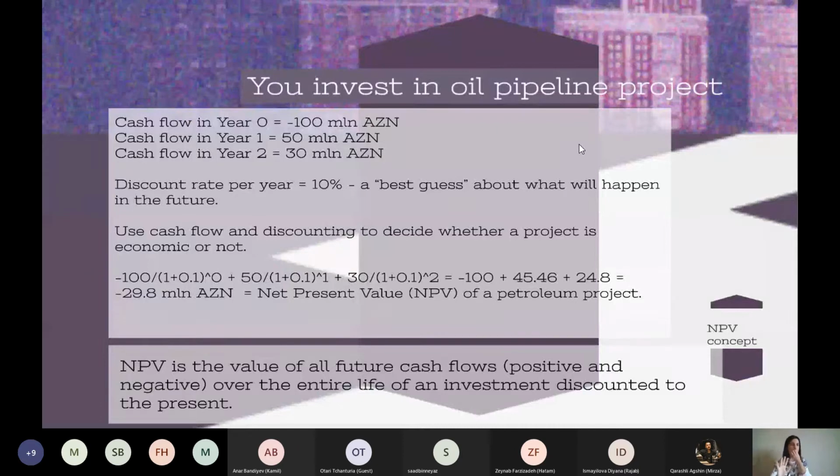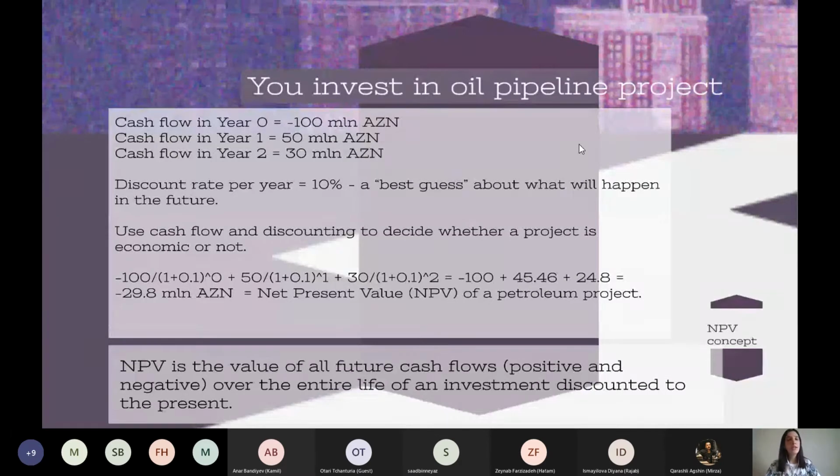So let's imagine for simplicity, all these steps, which are exploration, appraisal, and the last one, development, happen in 1 year. So as we said, in these years you don't have any cash inflow. Your cash flow will be negative because you just spent money.